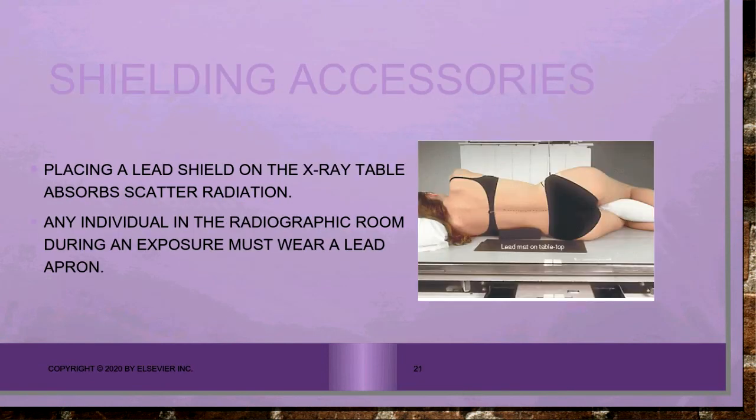Last, they do show you that you can use shielding accessories, meaning that you could place a lead strip behind the patient. In this image, I'm going to assume that they're imaging the lumbar spine.